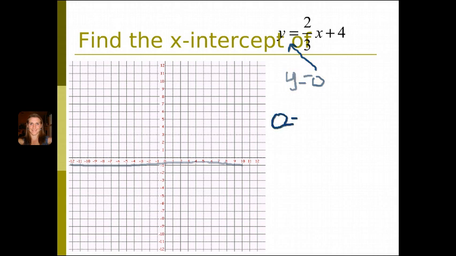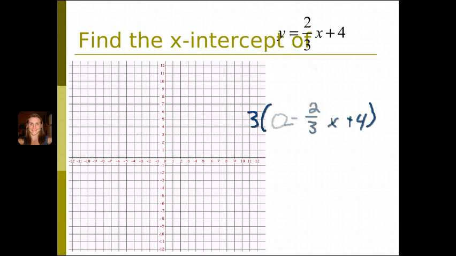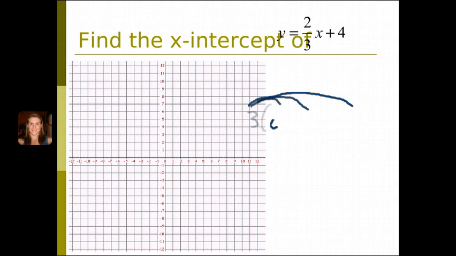0 equals 2/3 x plus 4. First of all, we'd like to get rid of this fraction. So you must multiply the entire problem by the common denominator, which was 3. When you distribute 3 to all of the terms in the problem, 3 times 0 gave you 0, 3 times 2/3 gave you 2x, and 3 times 4 gave you 12.